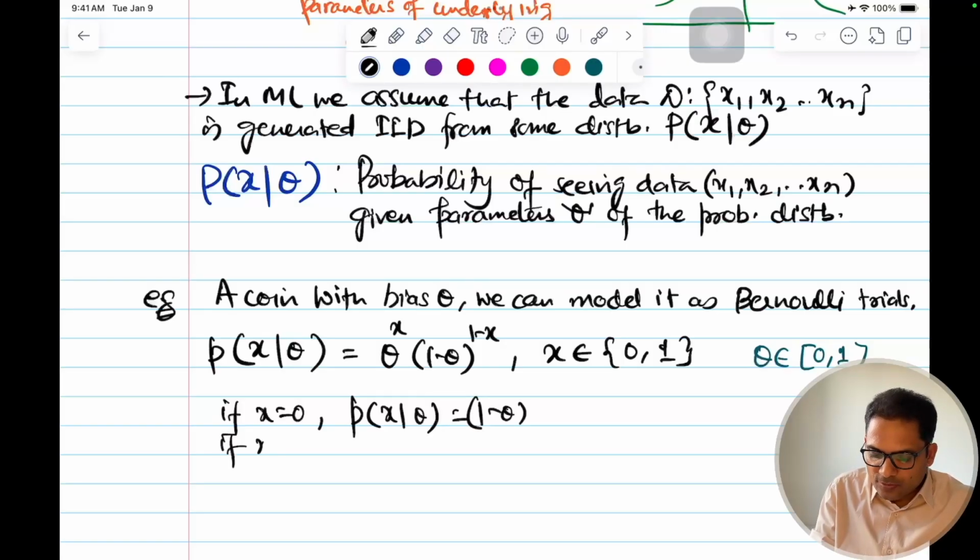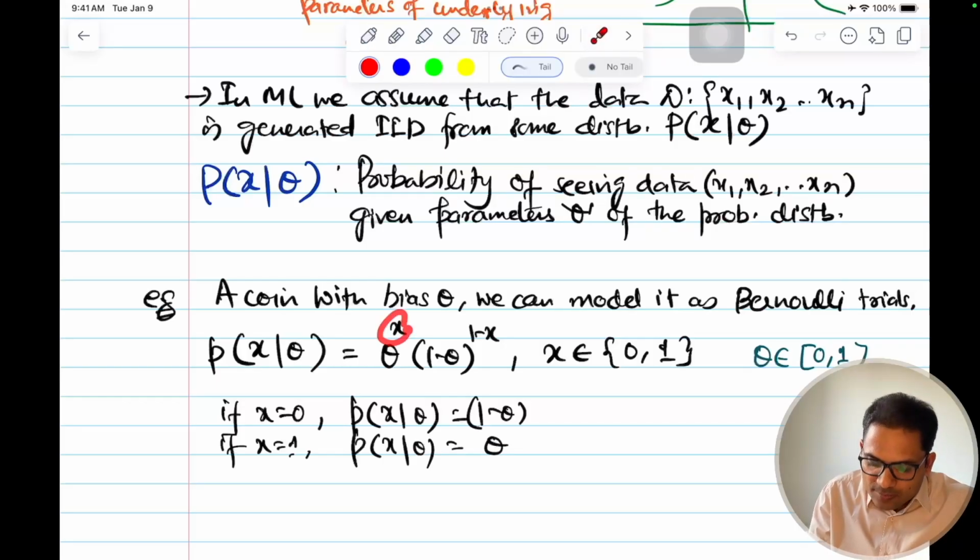And if x is equal to 1, then probability of x given theta is equal to theta. Here only this term remains, theta to the power 1, and 1 minus 1 becomes 0, and something to the power 0 is 1. So the whole second term goes off because x is 1. This is just a revision of your Bernoulli.